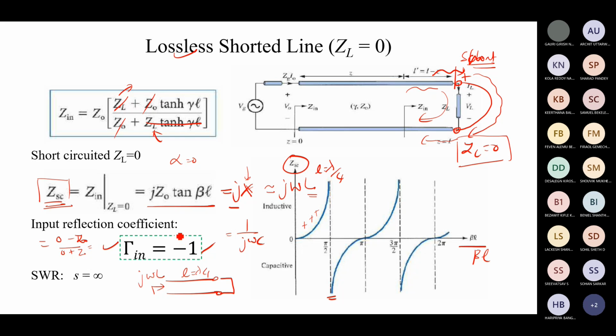Many people used to miss this negative term for a short circuited line. This is a very, very important term, so don't miss it. And VSWR, if you take it, will go to infinity, which means that all the signal will come back and this ratio will naturally go 1 by 0, which is infinite. So this is the property of a short circuited line.